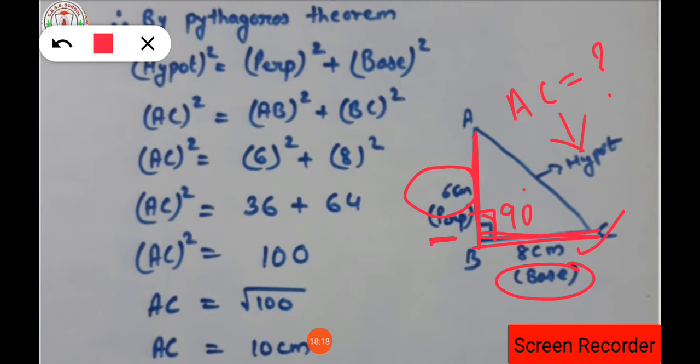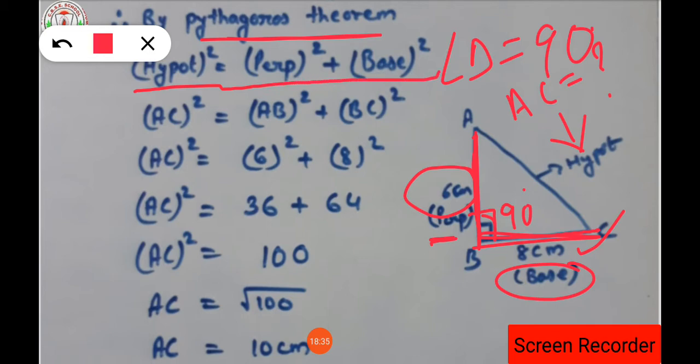Okay, now since it is a right angle triangle at B, we can apply the Pythagoras theorem. What is the Pythagoras theorem? Hypotenuse the whole square is equal to perpendicular the whole square plus base the whole square. This is the Pythagoras theorem, isn't it?